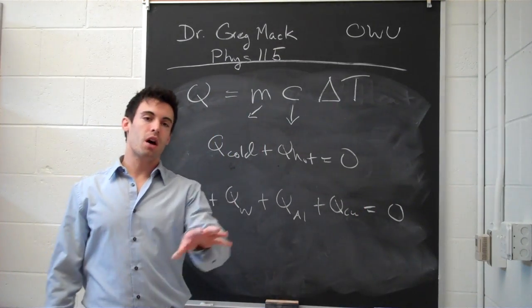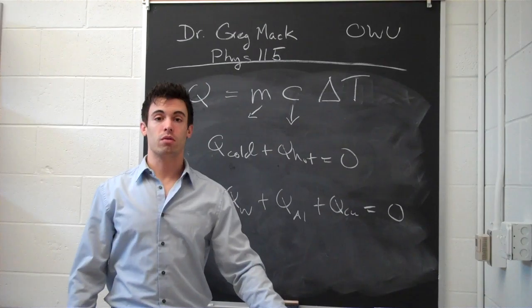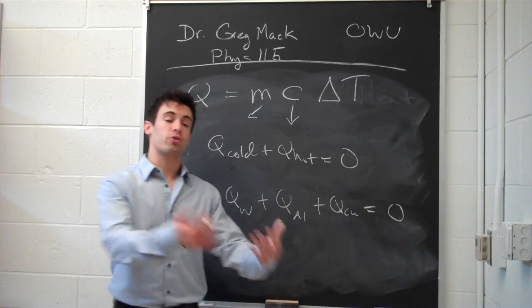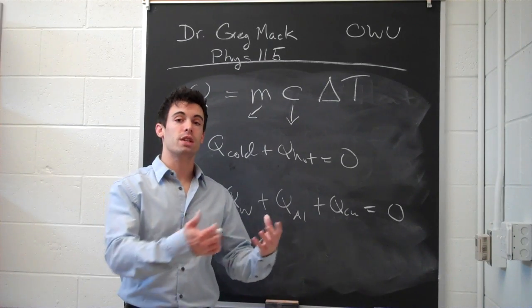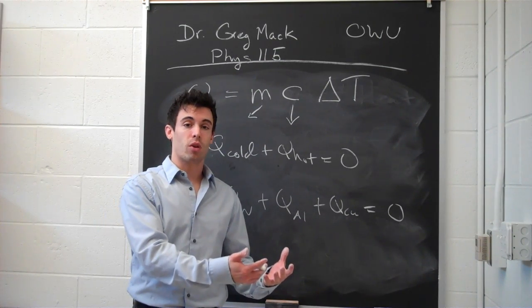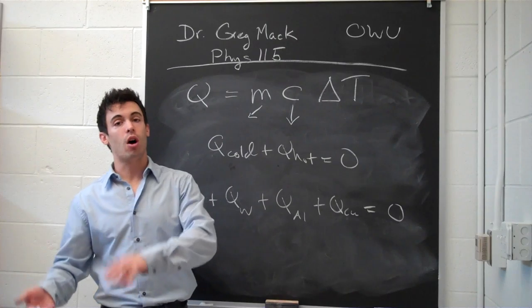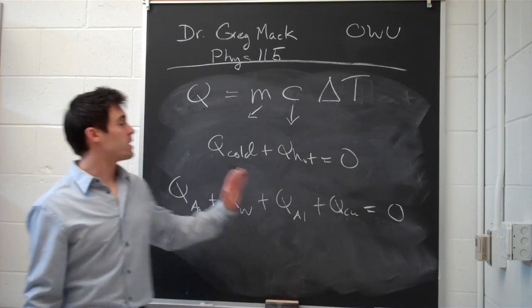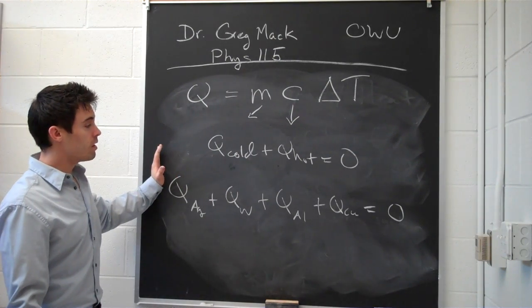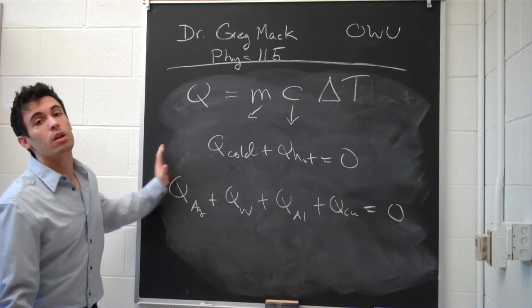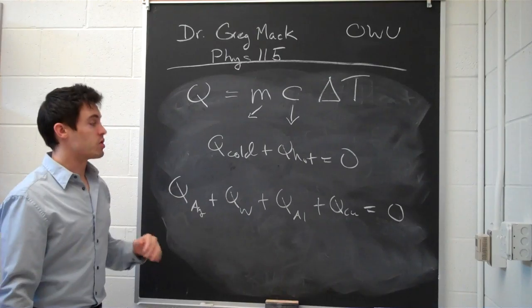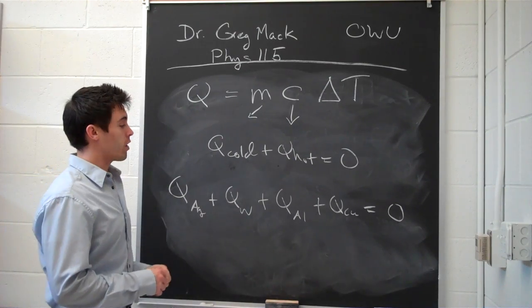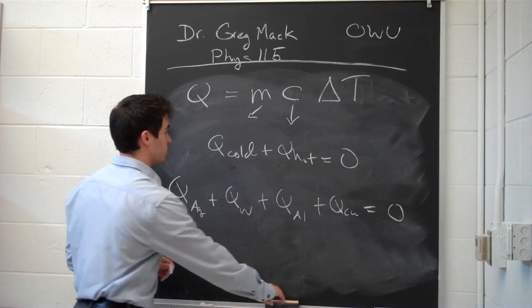And that's all because of conservation of energy. And since heat is the measure of transfer of energy, the energy has to be all accounted for. And so the energy gained by the cold object, or objects, has to be equal to the energy lost by the hot object. And so we can say, once these things are in equilibrium, we know this to be true. And so we can set that up and we can work that out and figure out the different things that go along with that.